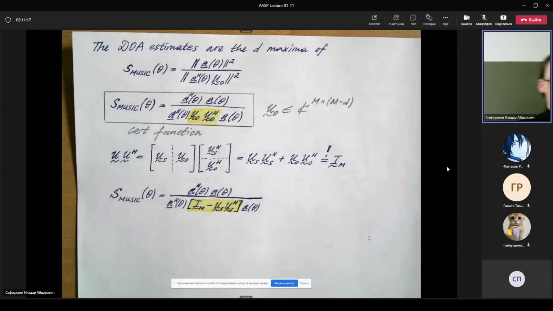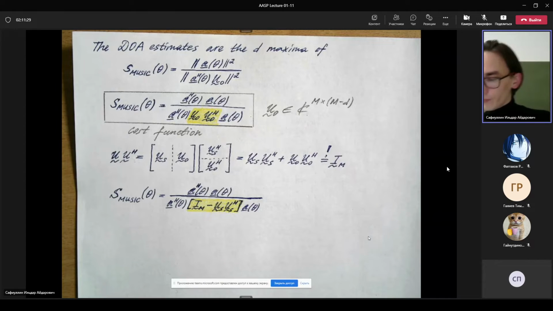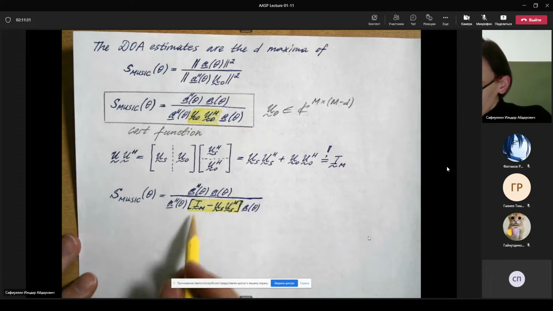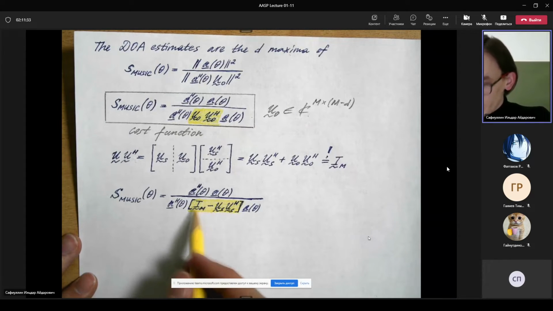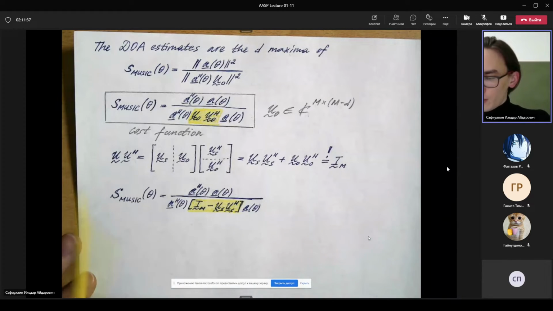So on the one hand, you can find the noise subspace and calculate this cost function based on the noise subspace, or you can use the signal subspace, then subtract it from the identity matrix, and you will have the same results as before.